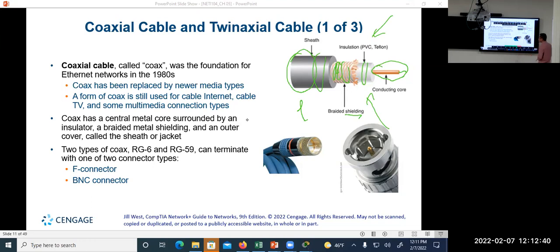You have two types, RG6 or RG59. You can terminate it with a terminator, so we can have an F connector or BNC connector here.